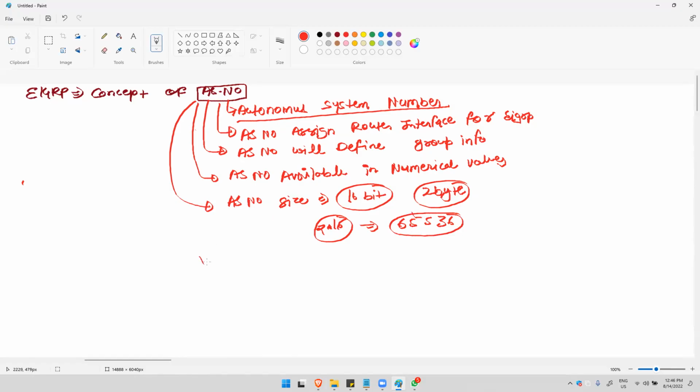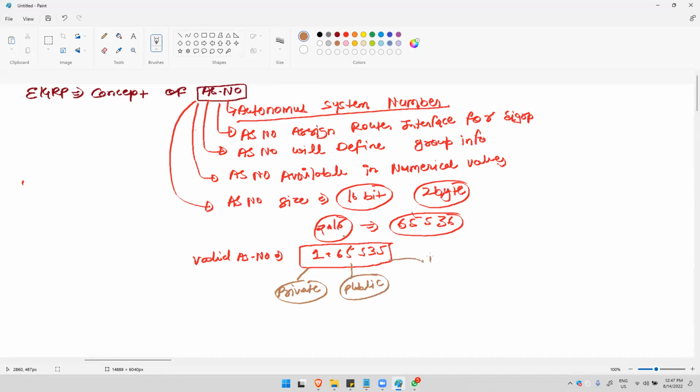we are getting a value of 65536. But valid AS numbers start from 1 and go up to 65535. Okay. Now we are getting some private AS. Now we are getting some public, some reserved, and some documentation AS also.